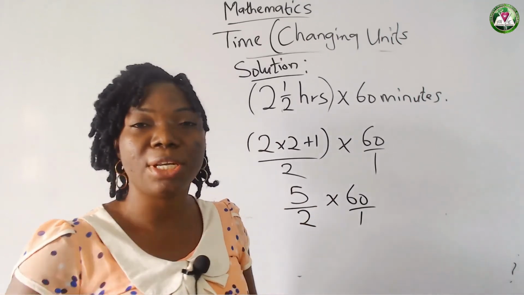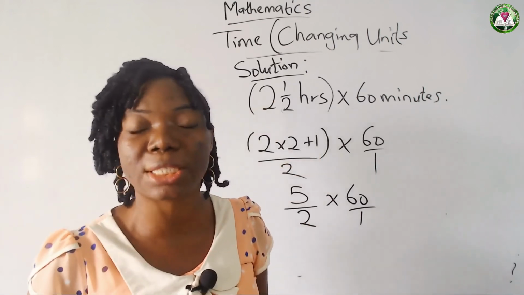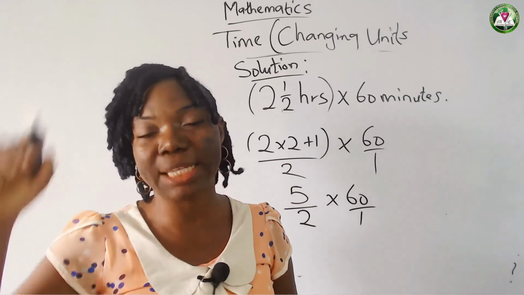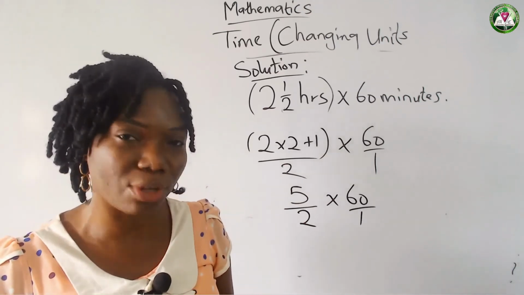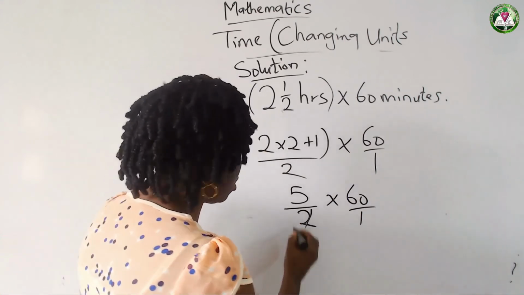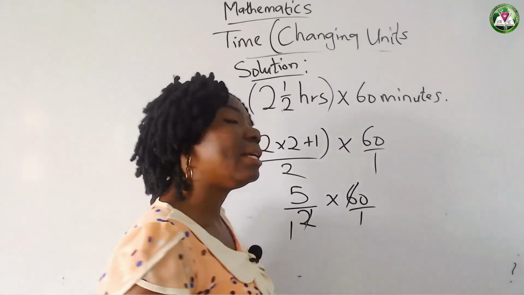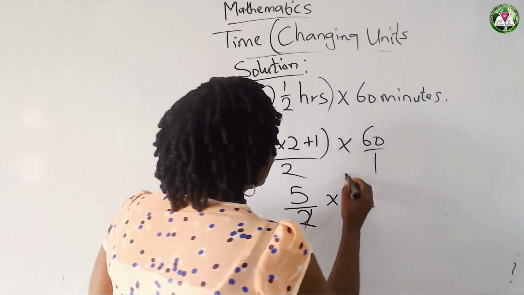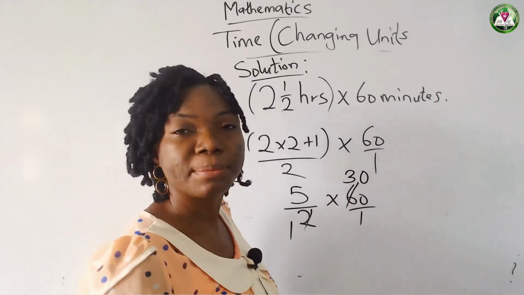We cross divide. Do you understand? A denominator divides a numerator, while a numerator divides another denominator. Now 2 can divide itself once. 2 can divide 60 how many times? 30 times.